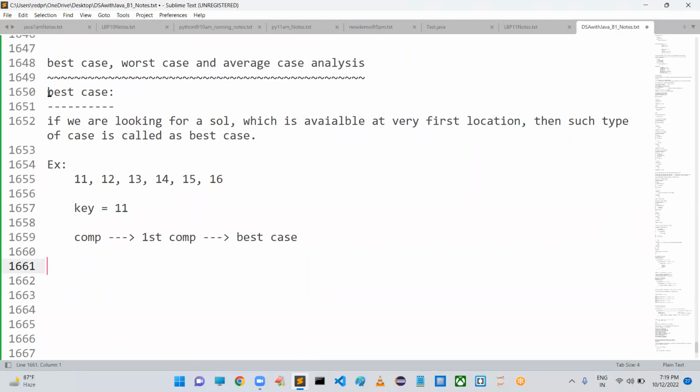This is nothing but the best case. What is the second one? We have worst case analysis also. What is meant by worst case analysis?